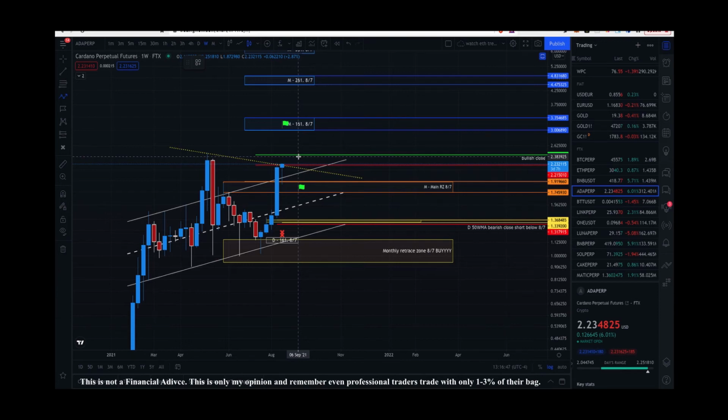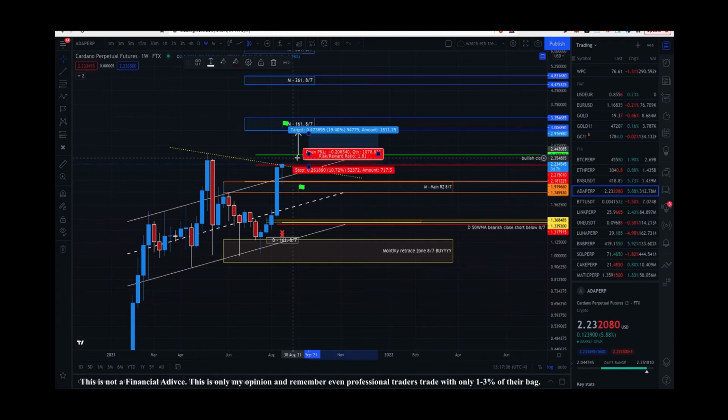So I myself would open a long position if we can go above the 618 level over here, or at least close above the trend line, for, to be precise, a 2.09 risk reward ratio.